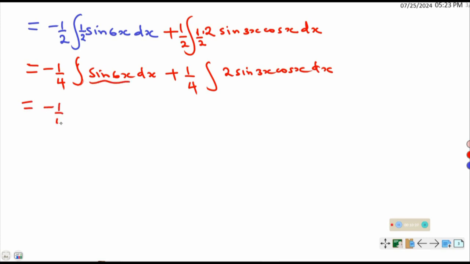This is negative a quarter times, when you integrate sine 6x, 6 comes as a reciprocal, that is 1 upon 6. But remember that when you integrate sine, you will get negative cos. So you will have negative cos of 6x. So plus we have a quarter, and the equivalent expression of this is 2 sine 3x cos x.